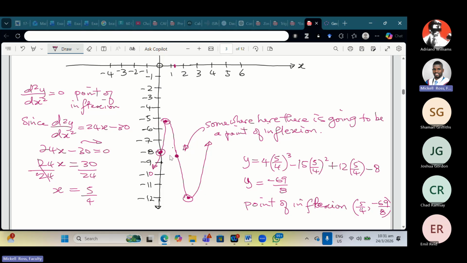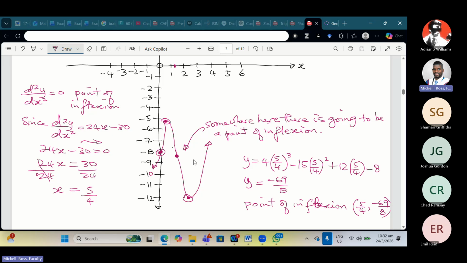Now, let me explain what is happening with a point of inflection. That's why it says at this point, it is neither maximum nor minimum. It is just the point at which it changes from a minimum going into a maximum, or from a maximum to a minimum.